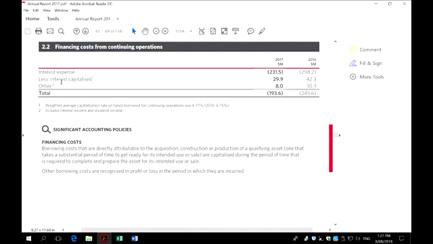Okay, the next item, interest capitalized. Interest capitalized is the interest the company paid before the warehouse or the equipment or the shop is ready for operation, ready for business. So they may take a bank loan to finance, for instance, the purchase of a warehouse.